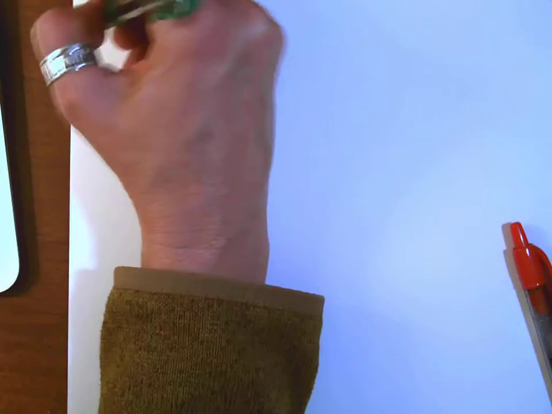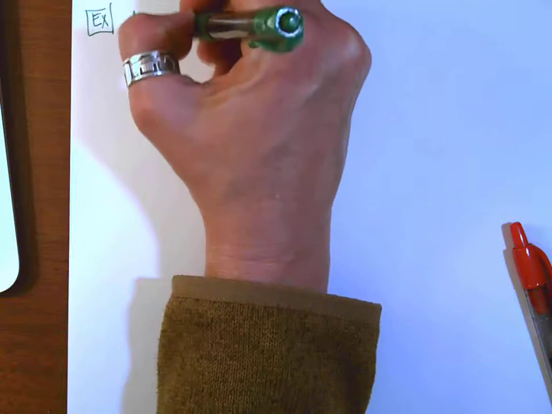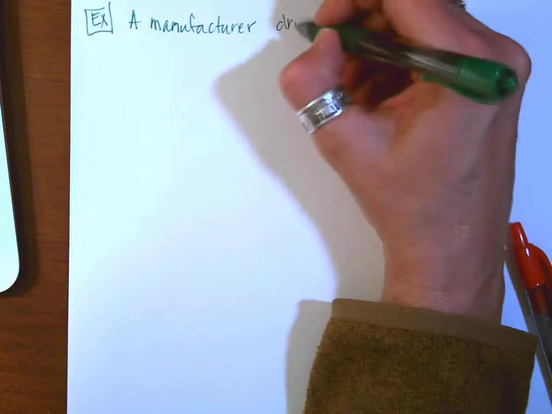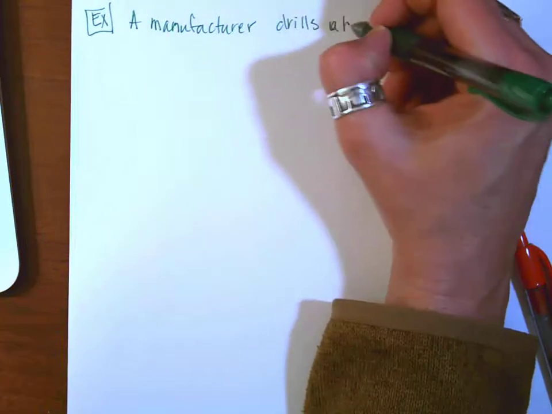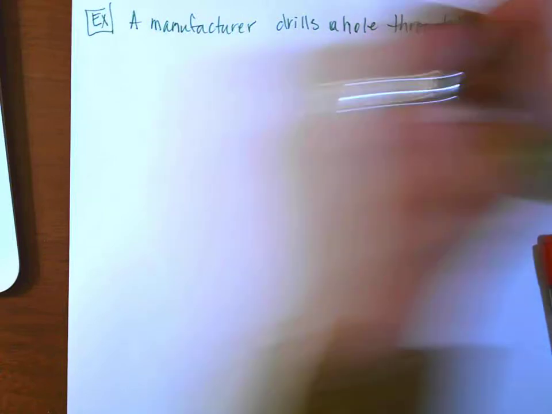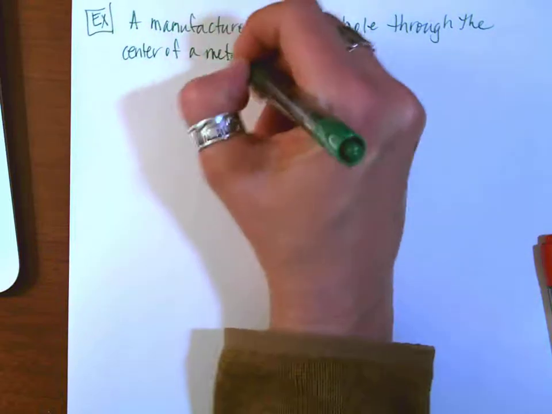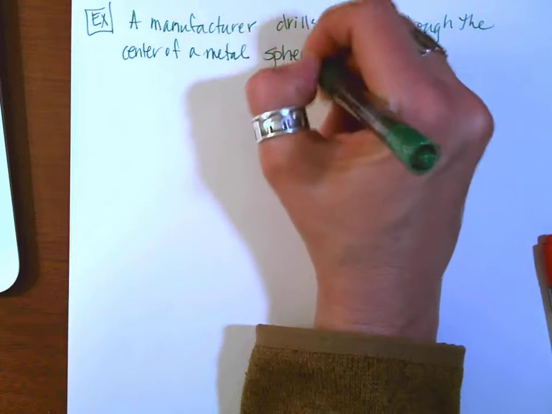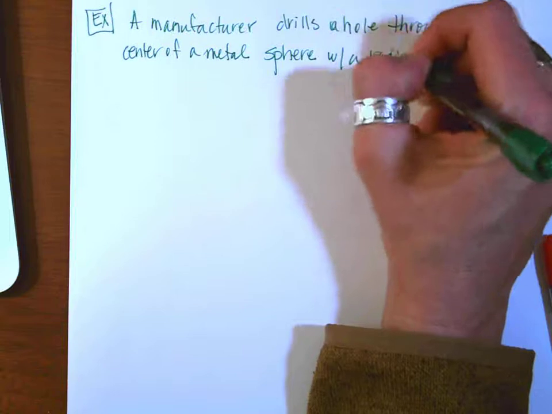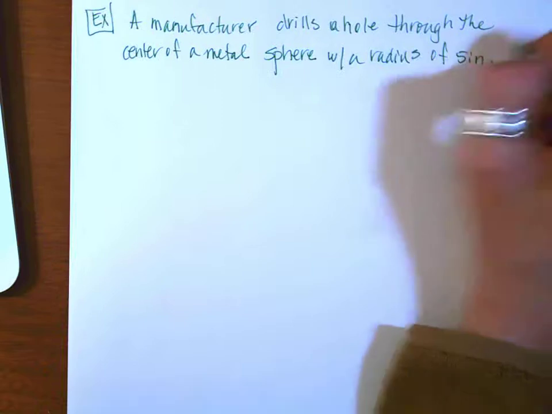For our next example, we're going to have a manufacturer in USA. That's always a weird word to spell. Drills a hole, that's an A, hole through the center of a metal sphere, and our metal sphere is going to have a radius of 5 inches.